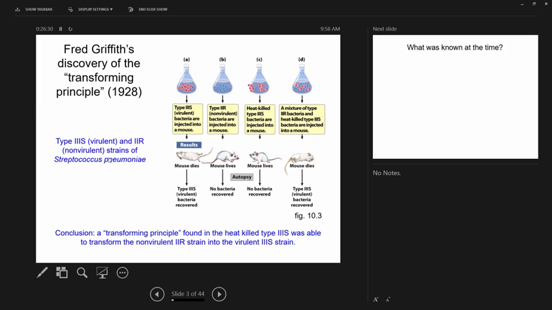This is natural transformation. So the transformation we're going to do in the lab is artificial, because some cells are what we call competent for transformation. That just means they have the ability to pick up DNA and take it in. These cells have a natural competence.